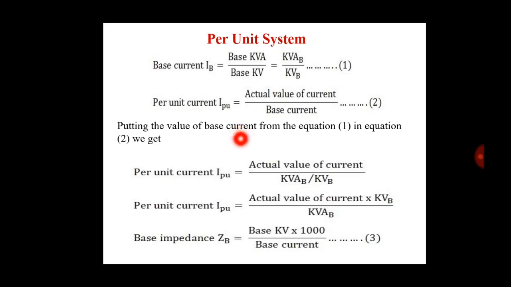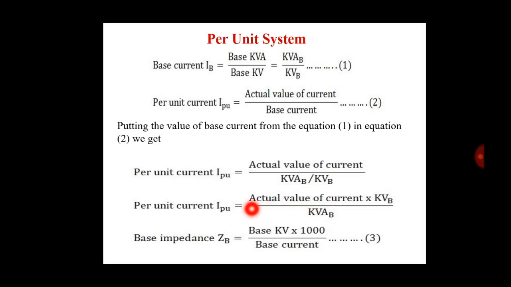Putting the value of base current from equation number 1, base current is equal to kVA base divided by kV base. Now kV base goes to the upside, so the equation becomes per unit current is equal to actual value of current into kV base divided by kVA base.